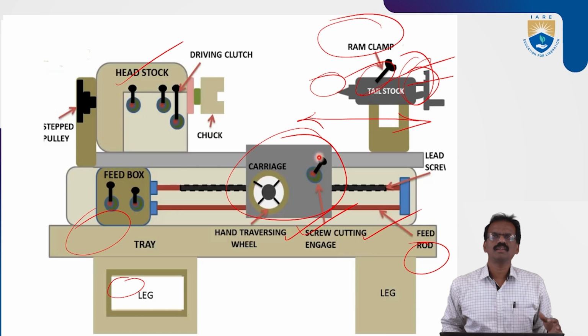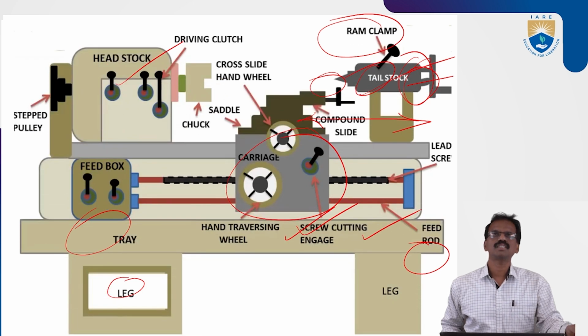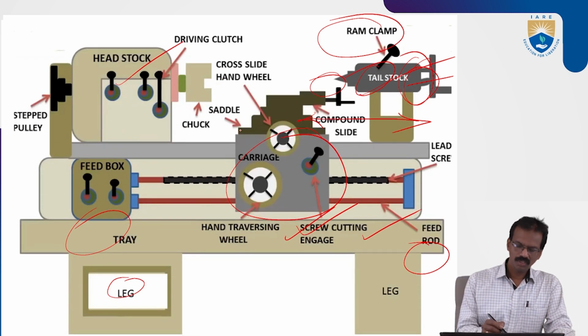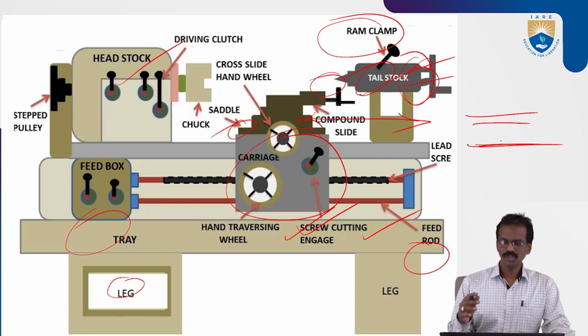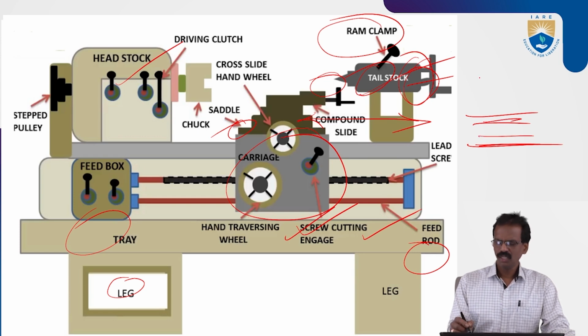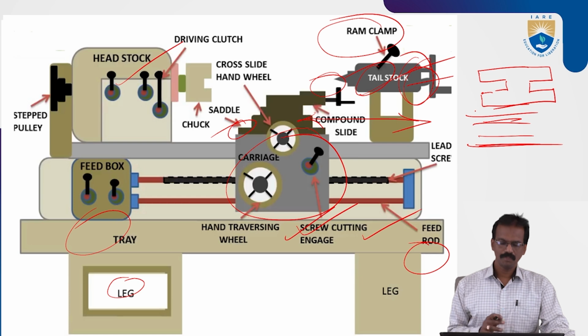On this carriage there are four parts. One is the saddle. So this one is the saddle. On these two guideways, it has two jaws. One moves on one guideway and another moves on the other guideway. It is an H-shaped part.